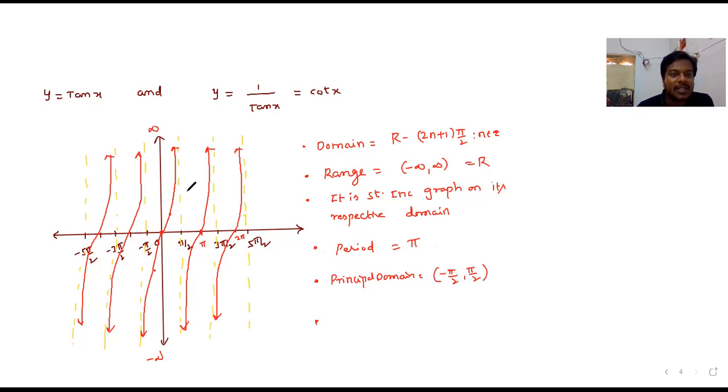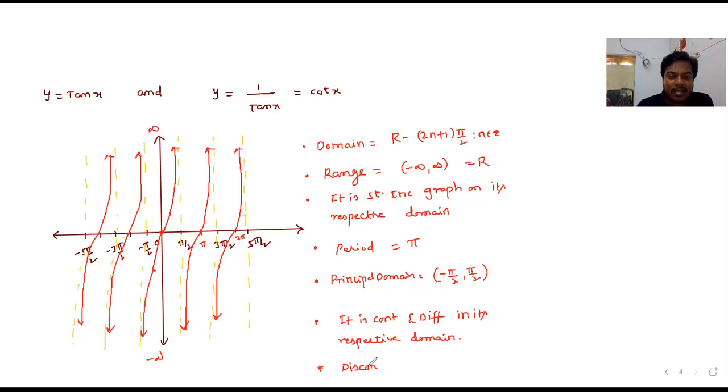Next, this is continuous and differentiable in its respective domain. That means where it is defined, there it is differentiable and continuous.